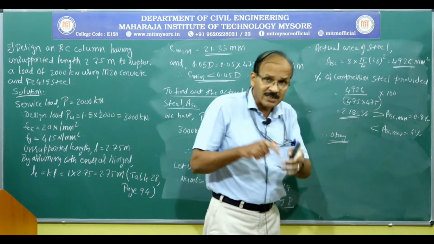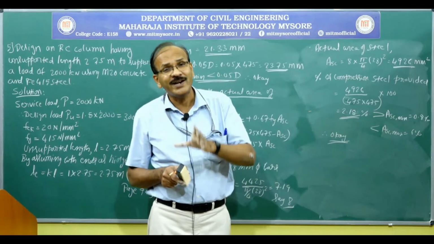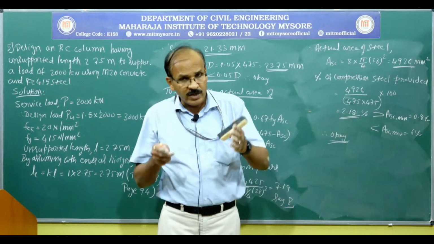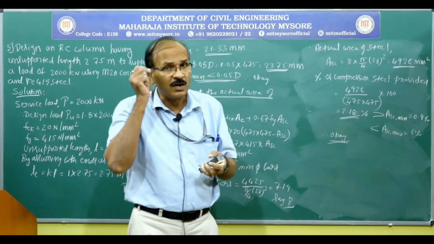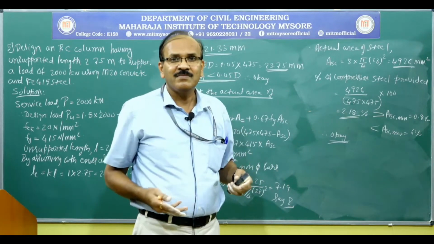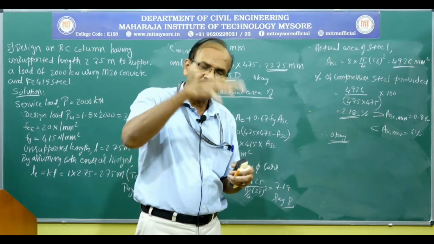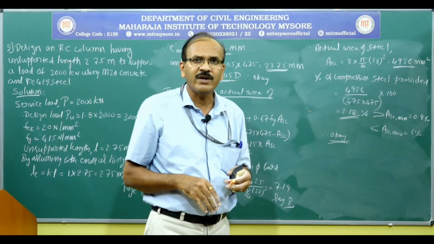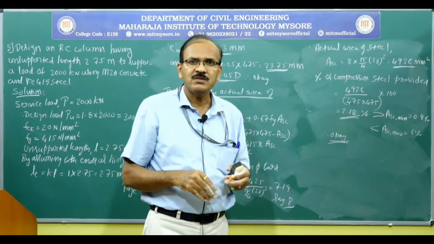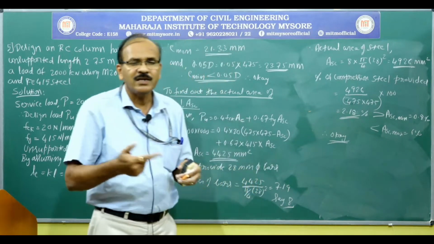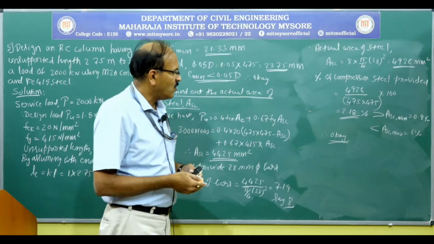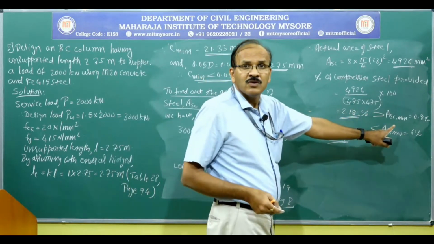What in case we get greater than 6% here? That means whatever sectional dimensions of the column we have provided is not adequate. So increase the sectional dimensions of the column and redesign. That is, find out the new area of compression steel required. Basically you need to revise the design. Here we are okay.